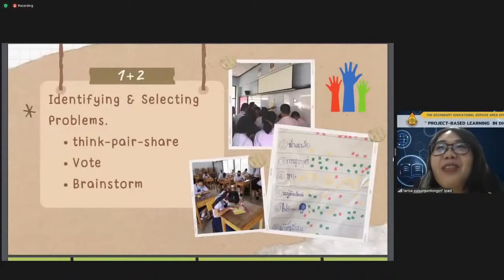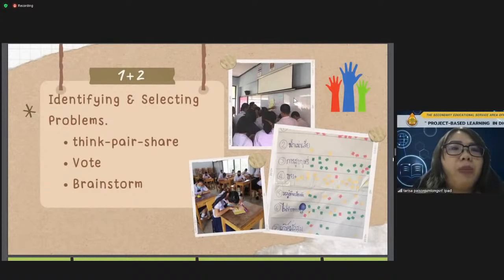Next is steps 1 and 2. Steps 1 and 2 of my process is that the students have to identify and select a problem. They have to think about problems and share in pairs, talk about what problem in society they want to solve.